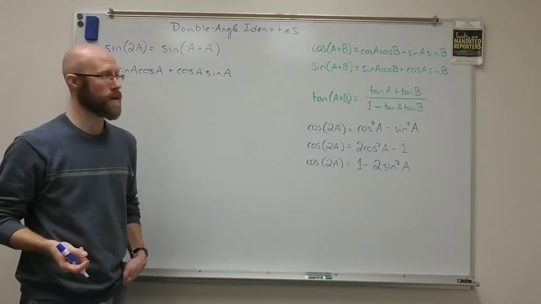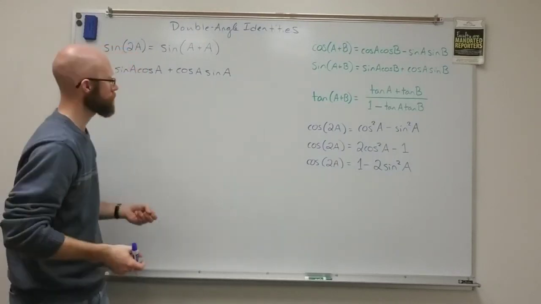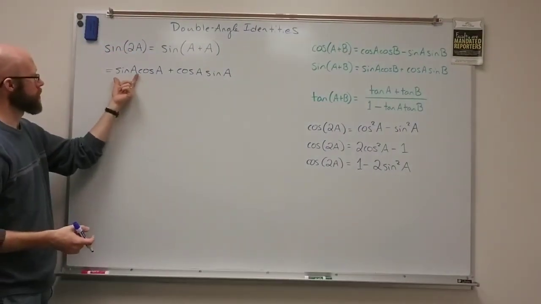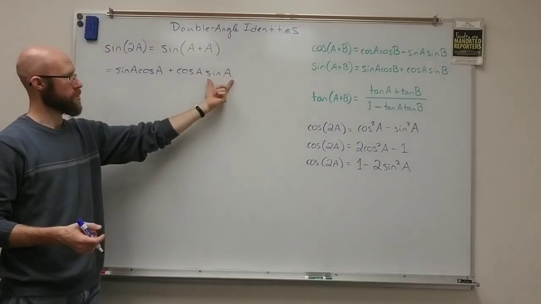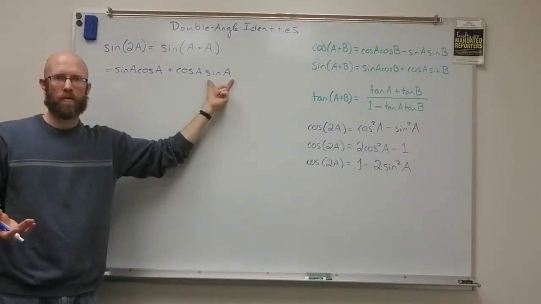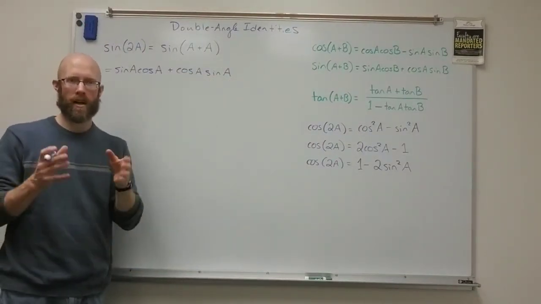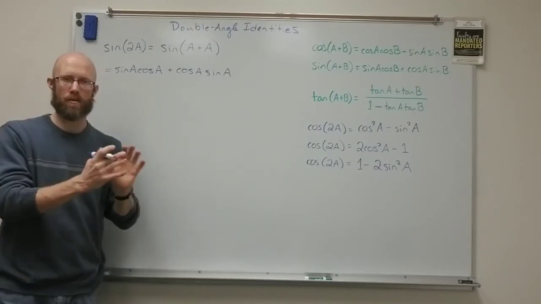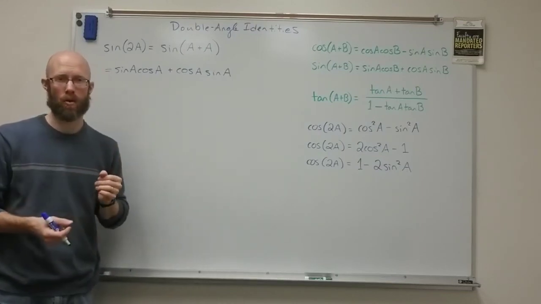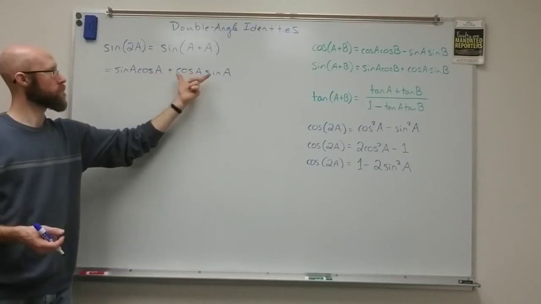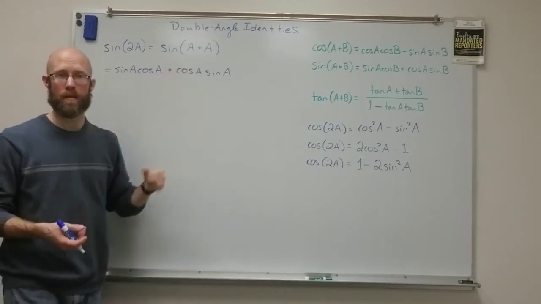Everything becomes an a in this formula. Now notice that sine a cos a and cos a sine a are really the same term. It would be like taking xy and yx. They're the same term, just with the factors in a different order. And so we're really looking at 2 of them added together, 2 of the same thing.